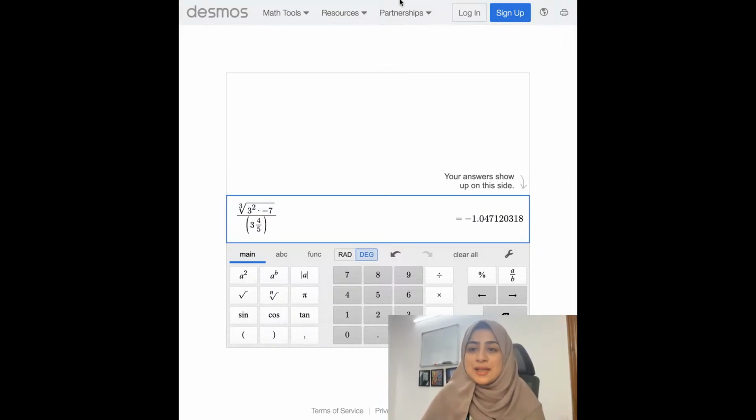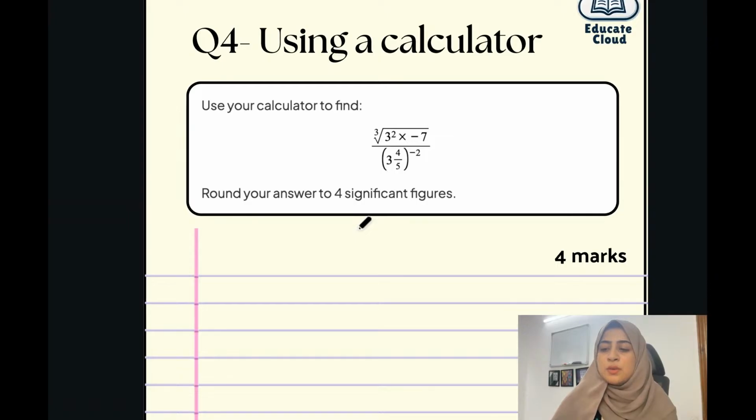If you don't write it exactly like this, you'll get the wrong answer. So this would be to the power of negative 2. That gives us minus 57.5, and we needed 4 significant figures, so the answer is minus 57.46. Okay, that's how you do that one.